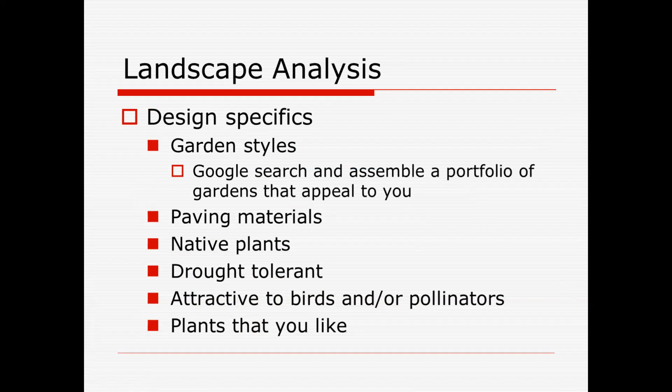And it used to be that I had a binder full of pretty pictures from Sunset Magazine, photographs of gardens, and sticky notes. And I would have people go through it, and they would put a sticky note on the various pictures that appealed to them, sometimes even specific plants. Well, I like the red leaves of this purple leaf plum or whatever.